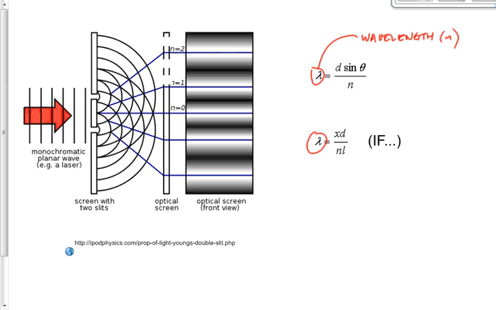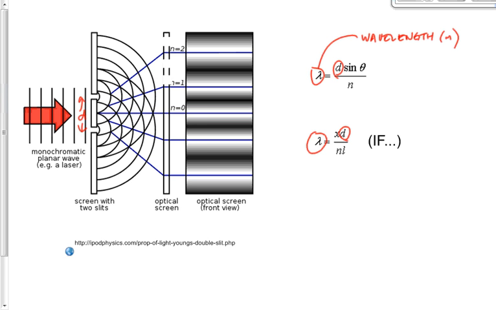D is probably the next easiest variable. D in both equations represents the distance between the two openings. And that's going to be a pretty small distance. A pretty small distance between the slits. What was it in the little demonstration that I did for you a few minutes ago? 0.04 millimeters. 1/25th of a millimeter.